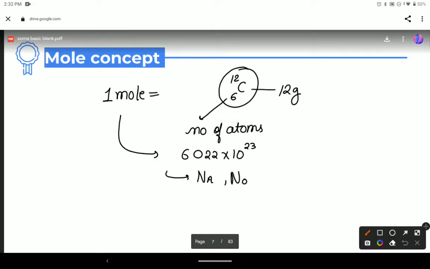See, I don't waste much time. One mole is defined as number of atoms present in 12-gram carbon. Okay, I hope you did understand. I'll explain you again. One mole is nothing but number of atoms present in 12-gram carbon atom.